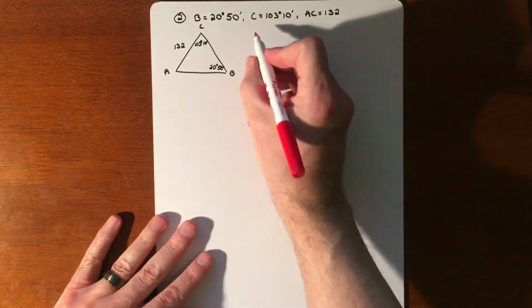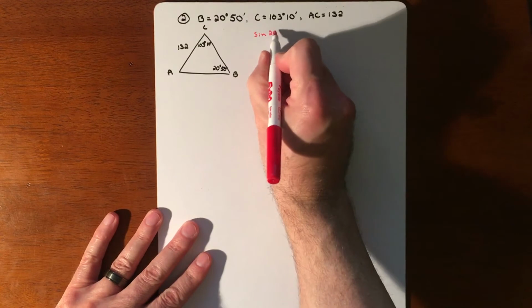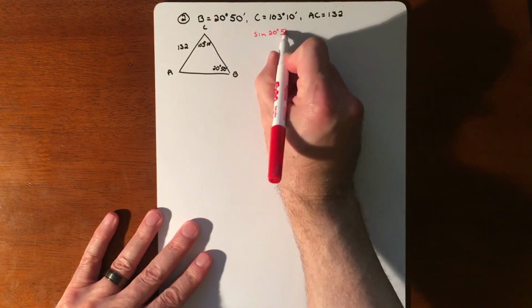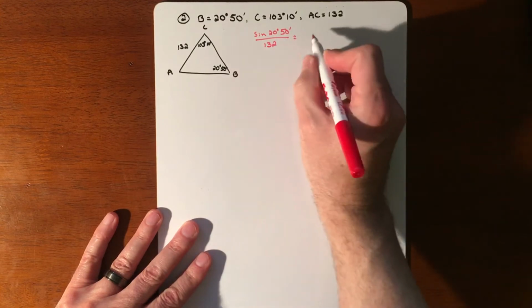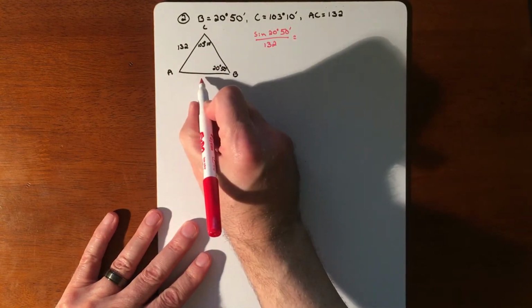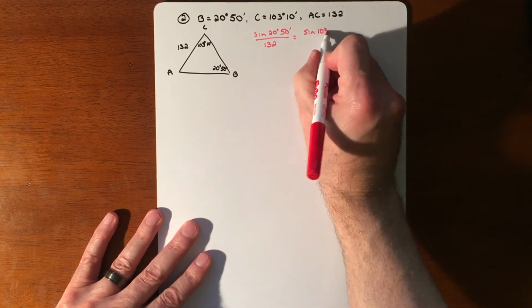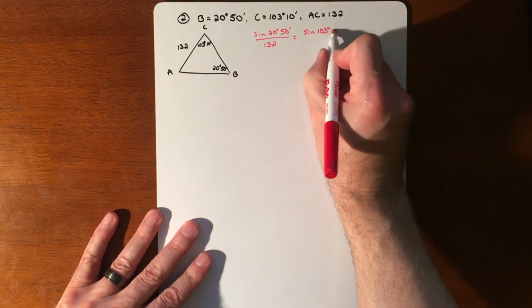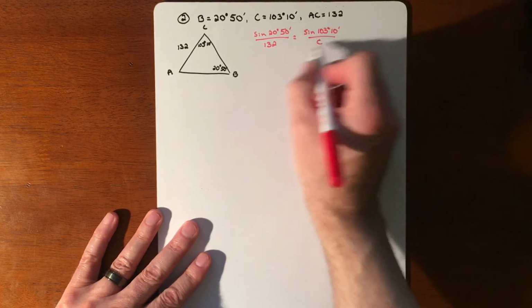So we'll be setting this up as sine of 20 degrees 50 minutes over 132 is going to equal, we're going to be looking for side C, so sine of 103 degrees 10 minutes over side C. And then we'll cross multiply.